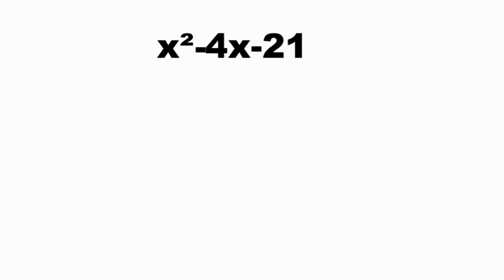Suppose we have here x squared minus 4x minus 21. Since we now have a minus here, we are going to find the factors of 21 that, if you add, will give a sum of negative 4.